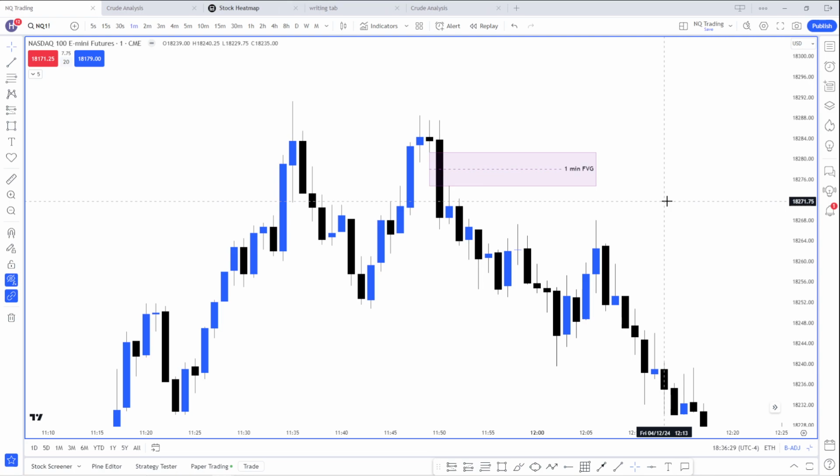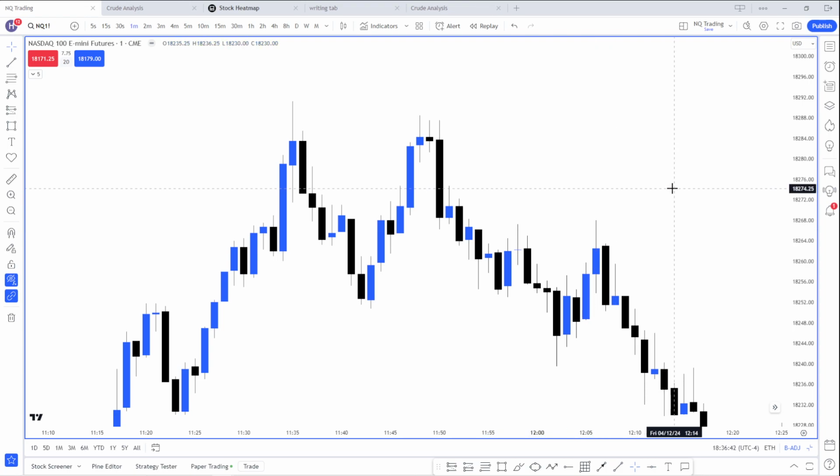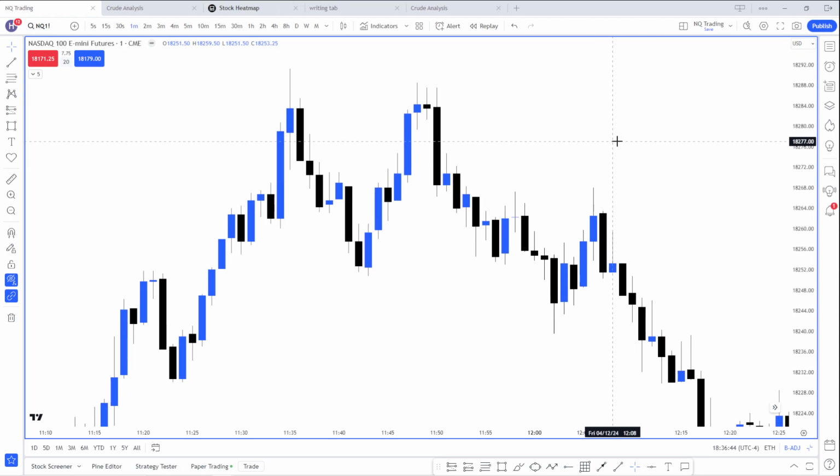Something that I have learned about fair value gaps is that I tend to not use indicators, and the reason is the fair value gaps that stand out and catch my eye tend to be the ones of importance.